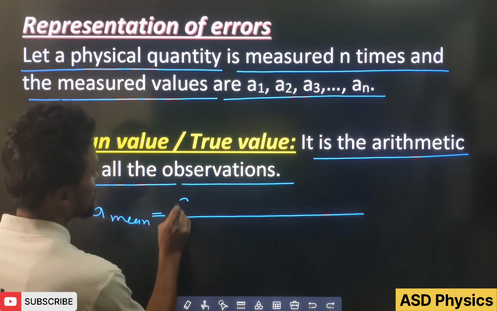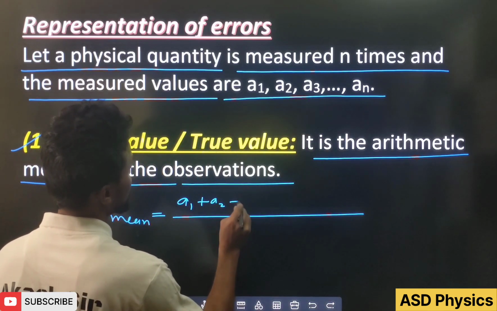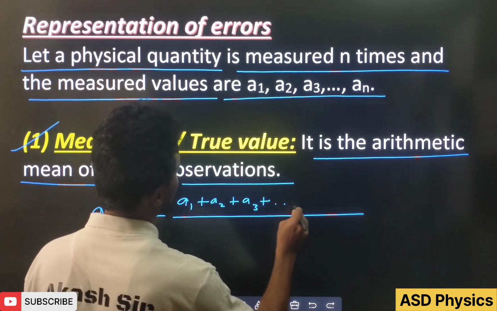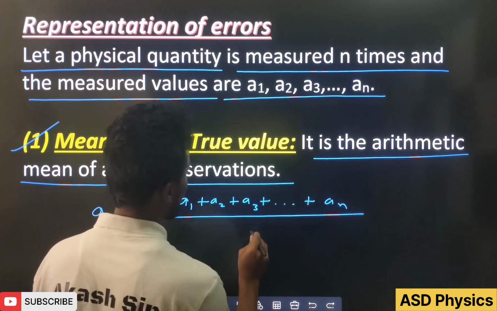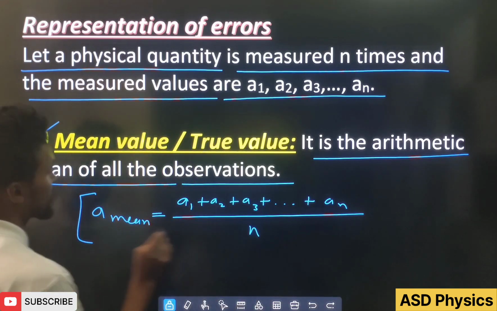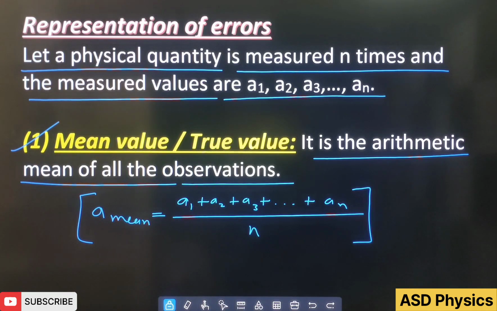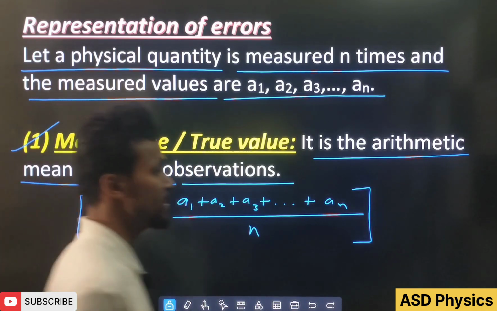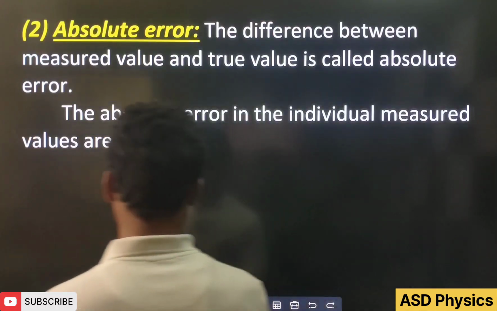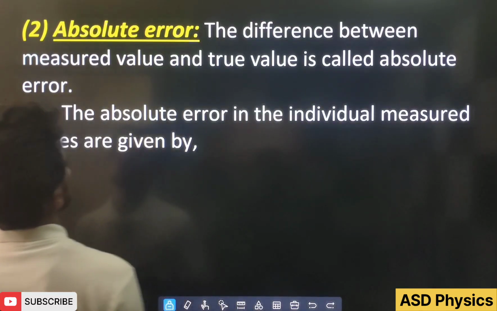These observations are there and we will add them all: A1 plus A2 plus A3 plus whatever observations are there plus AN, divided by N. So this will be the mean value or the true value. Remember that here. Next one, if we talk about here the absolute error.